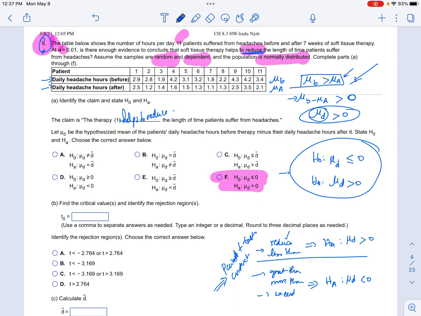If you see something like reduce, less than, anything in that verbiage, you should know that your HA is mu D greater than 0. But if you read something like greater than, more than, exceeds, increase, you should know that HA is mu D less than 0. If you need to pause the video, go back and listen again.